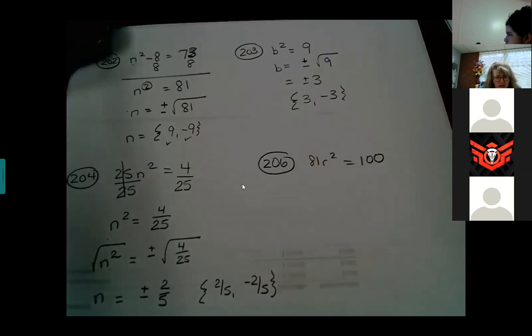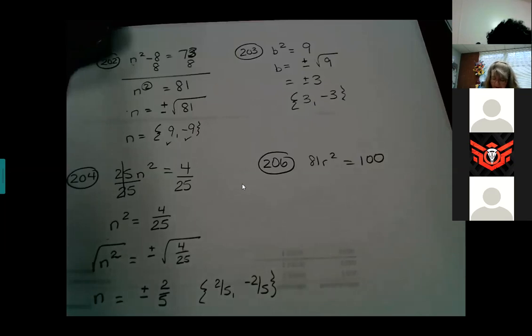Logan, are you doing 206? Look at it again. Chloe, look at yours again. Merrick, what you got is right, except when you give them to me on a test, I don't want you to write them that way. You got to write them both out. Oh, I just did it that way so it's short on the computer. Yeah, that's fine.